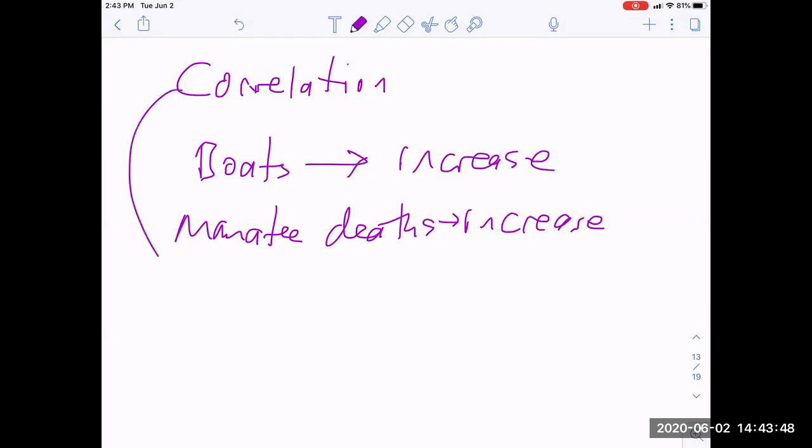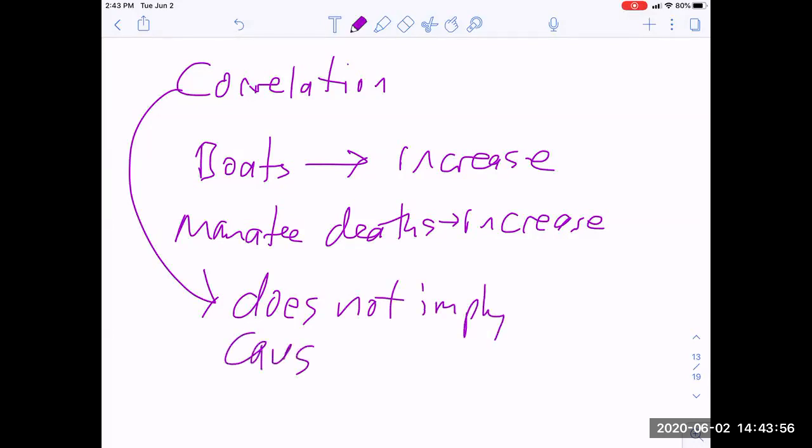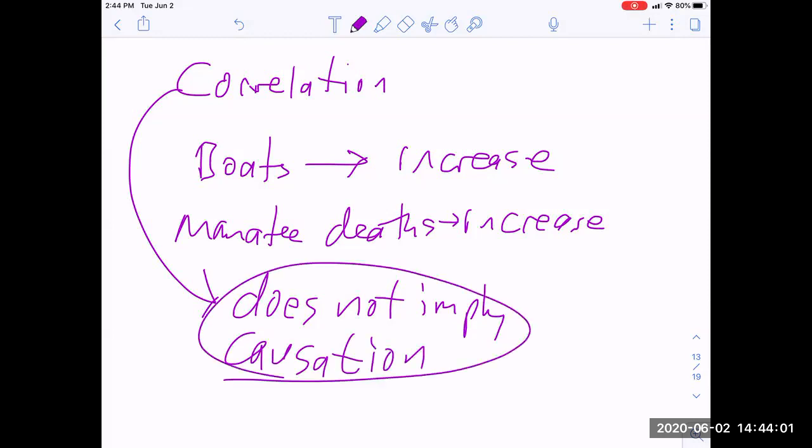Correlation does not imply causation. We cannot say that the boats are causing all the deaths. It's just that there's a relationship. As the number of boats increase, the manatee deaths increase.